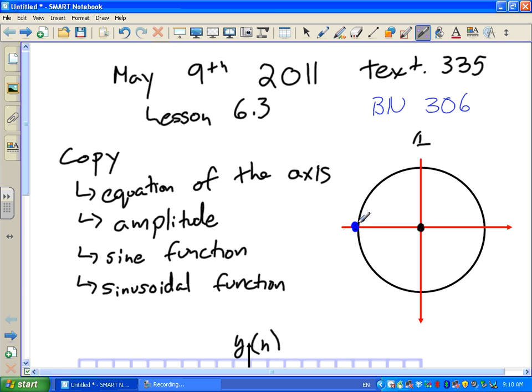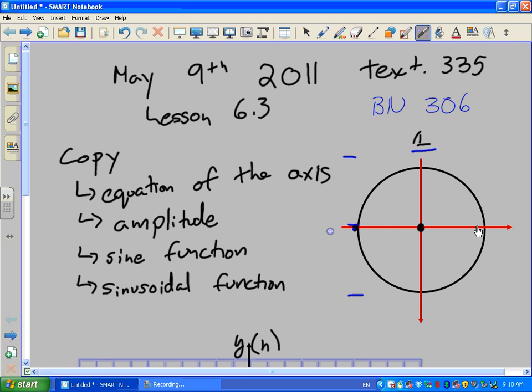We're always relating to where we've started. So, as I keep going along the circle, let's say I get to here. How many degrees have I moved? I've moved 180 degrees. At that point, if this is our y, remember this represents 1, I'm back at my 0 again.